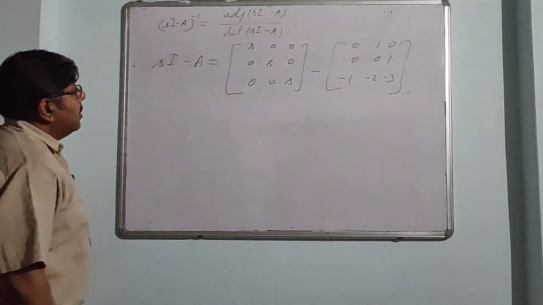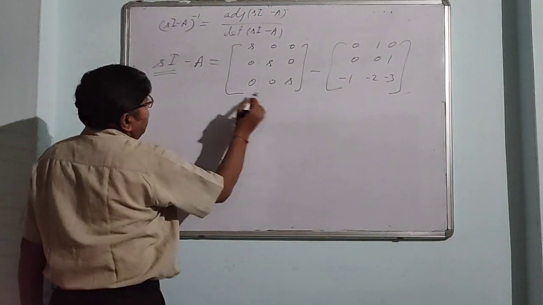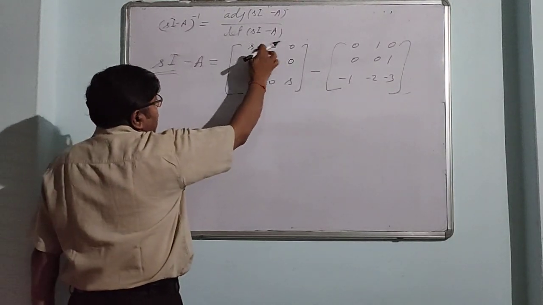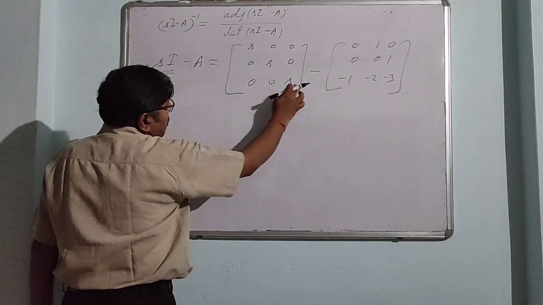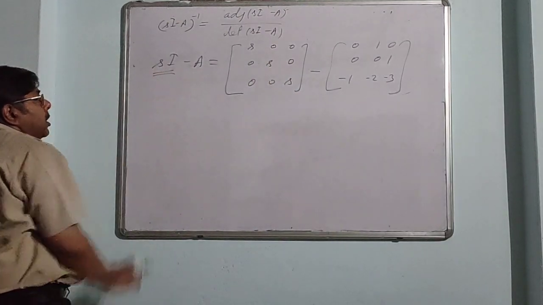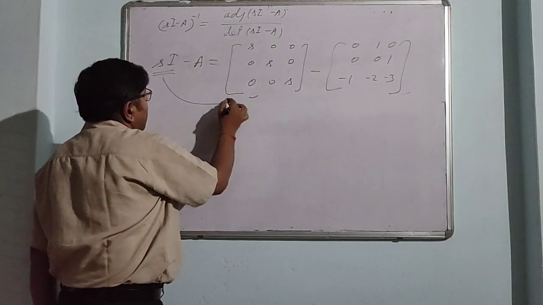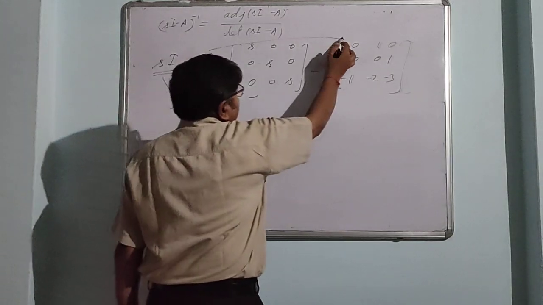So this is the identity matrix, for 3 cross 3 it is 1, 0, 0, 0, 1, 0, 0, 0, 1, and after multiplication by S we have this as the first part and this as the second part, the given matrix.